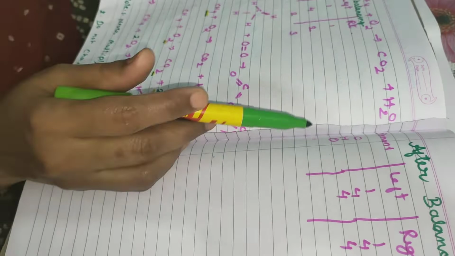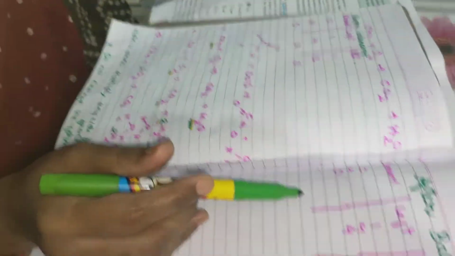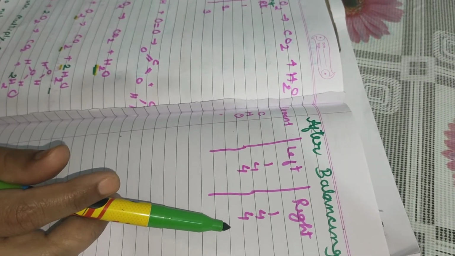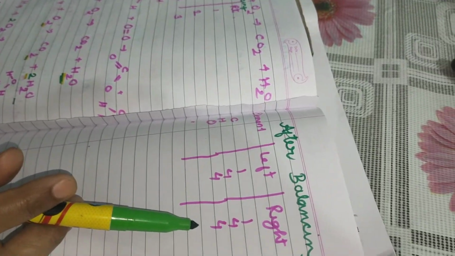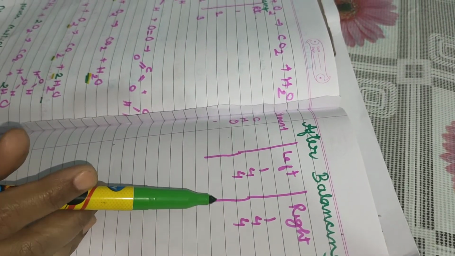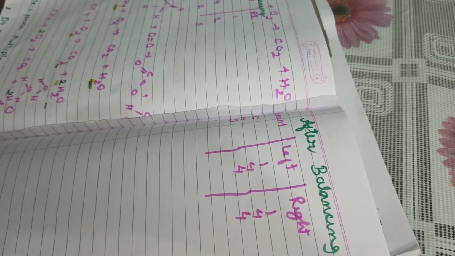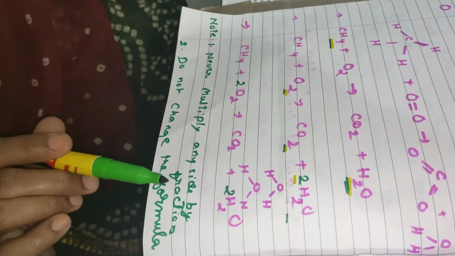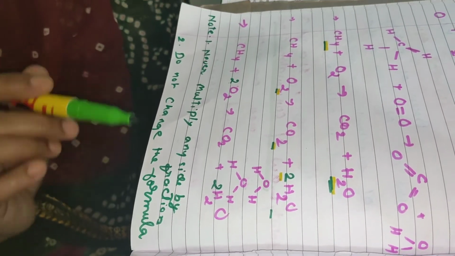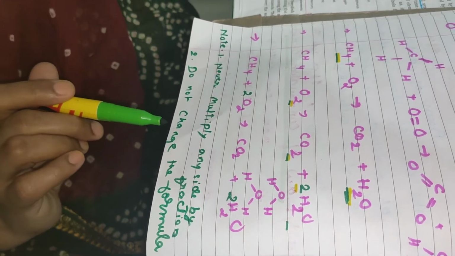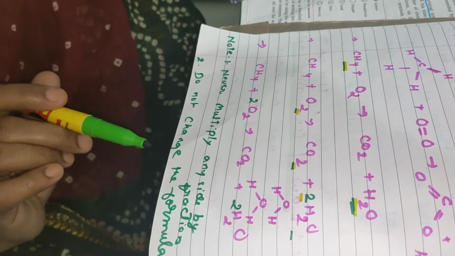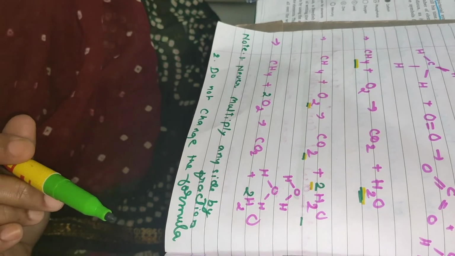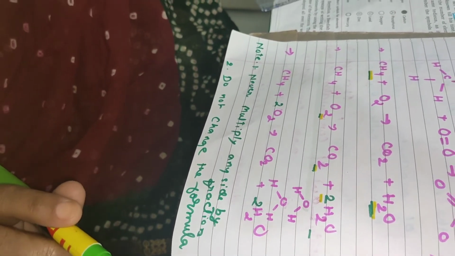And oxygen has become 4, as we have written 2O2, and on the right side 2 in carbon dioxide and 2 in water, total 4. A very important note: never multiply any side by a fraction, and second, do not change the formula. Always write down the correct formula for balancing any chemical equation.